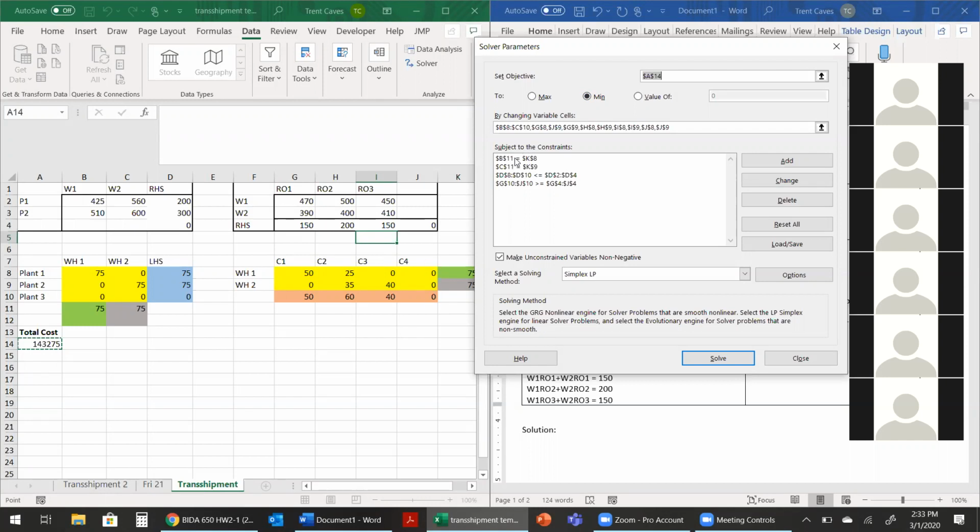Now our constraints, B11 is the amount that's shipped from warehouse 1, and that constraint is equal to K8, which is the amount received from the different retail outlets from warehouse 1.